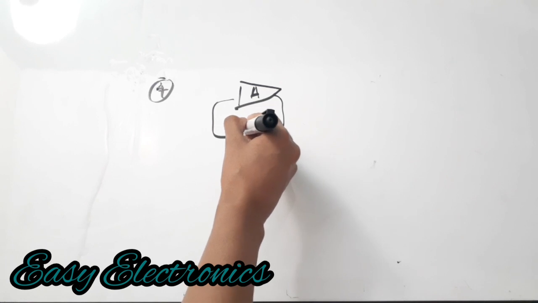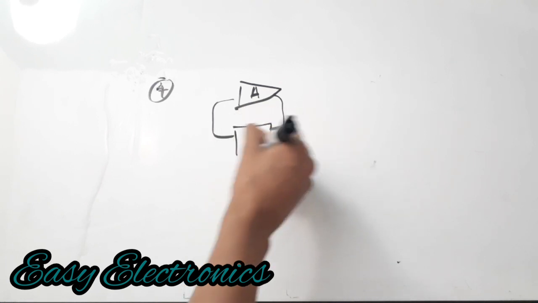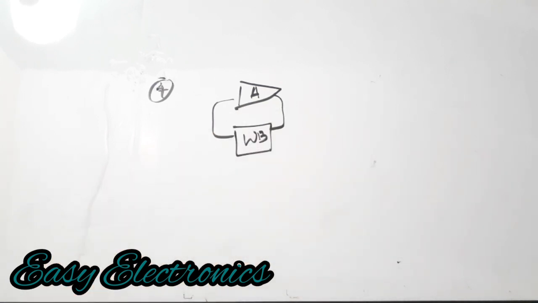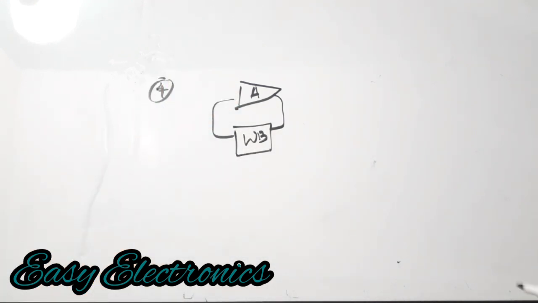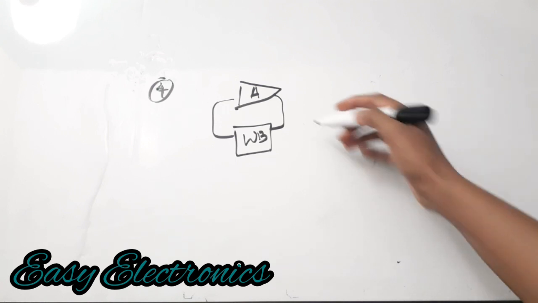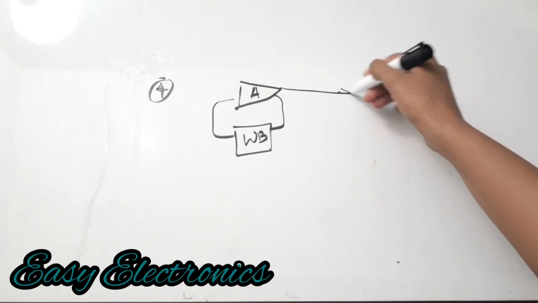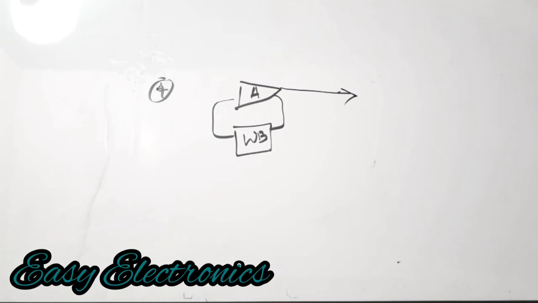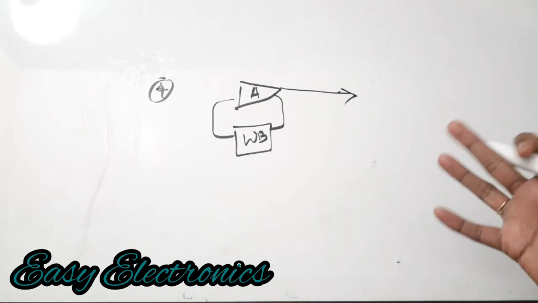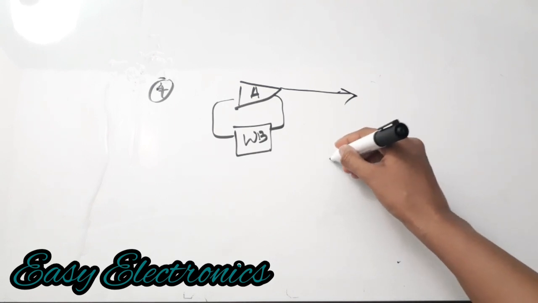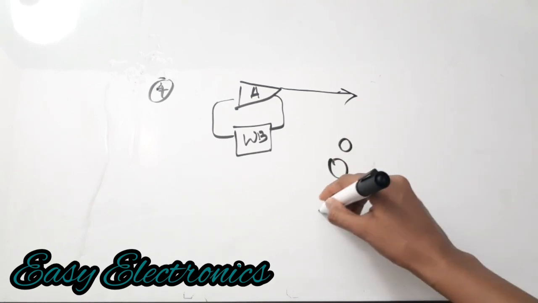In the case of a Wien bridge oscillator, this will be a Wien bridge circuit, which is used for producing some phase shift in your output. But the question is a little bit tricky. At resonance, what is the phase shift for your output? Resonance means there is no phase shift. So at resonance, the phase shift will be 0 degree.